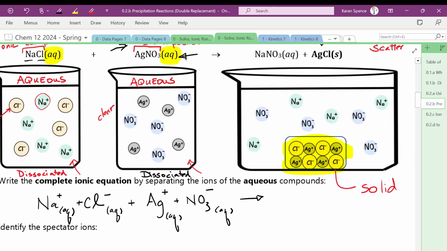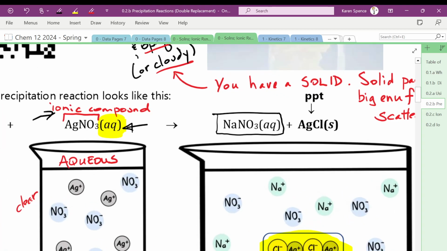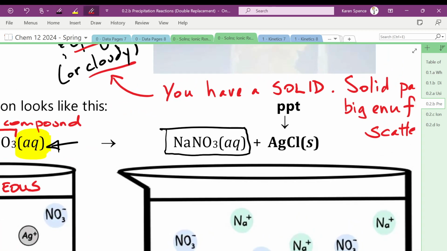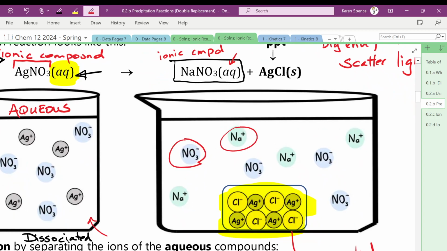Products. I have NaNO3. What kind of a thing is that? NaNO3 is aqueous, and it is also an ionic compound. So if we have an aqueous ionic compound, what does it do? Dissociates. And you can see the Na and the NO3 are floating around separately from one another.